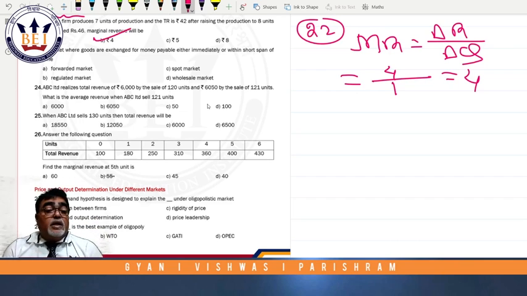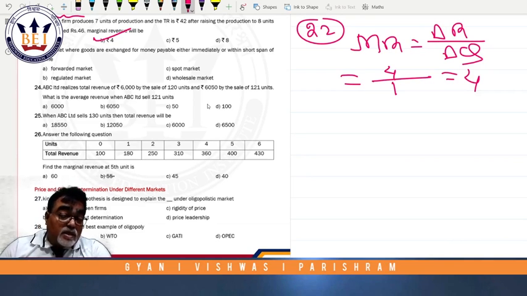23. A market where goods are exchanged for money payable either immediately or within a short span of time.